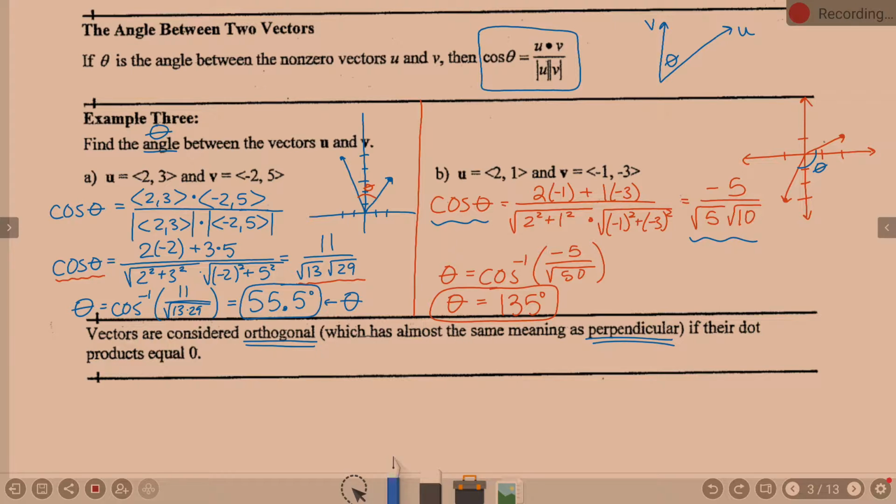Two lines that meet at a right angle, right? If you look up orthogonal, it has to do with a right angle. Vectors that are orthogonal have dot products equal to 0.